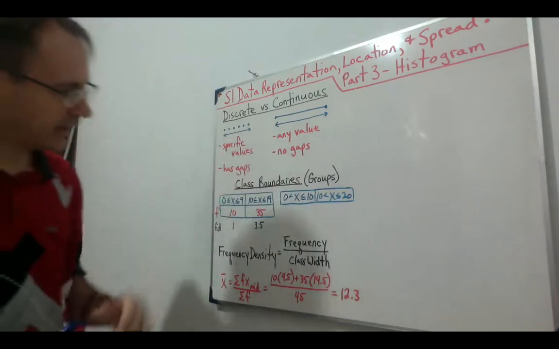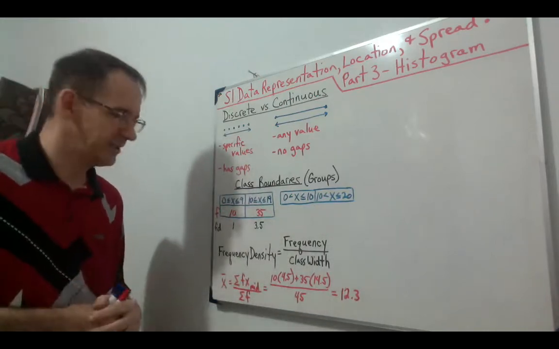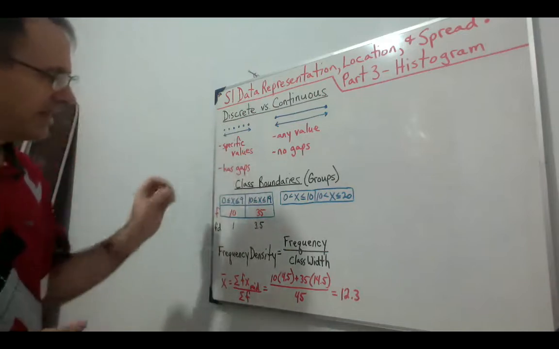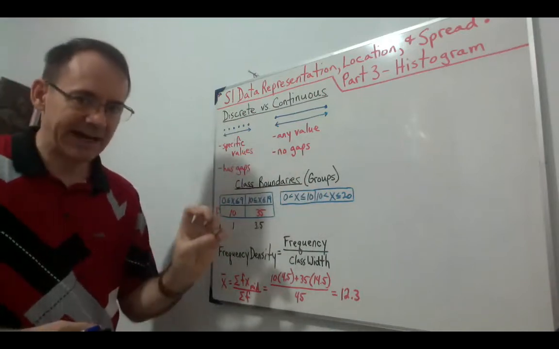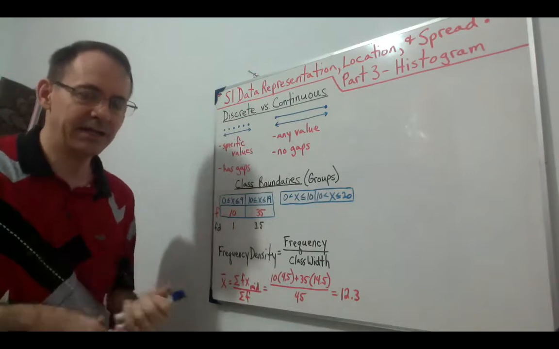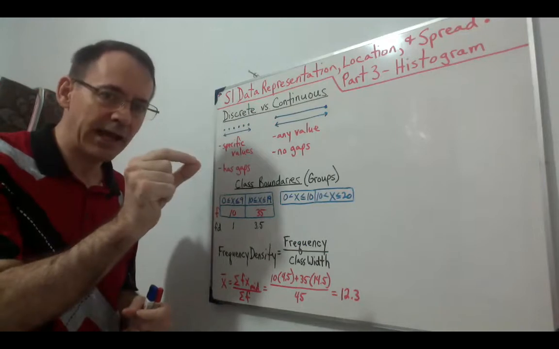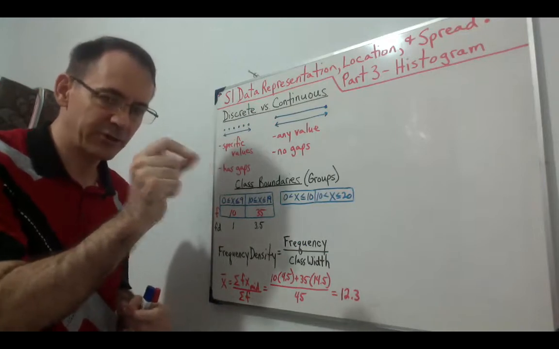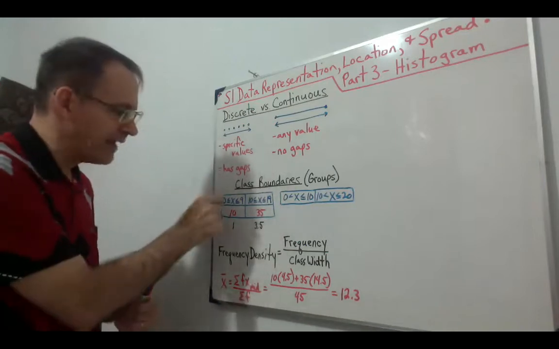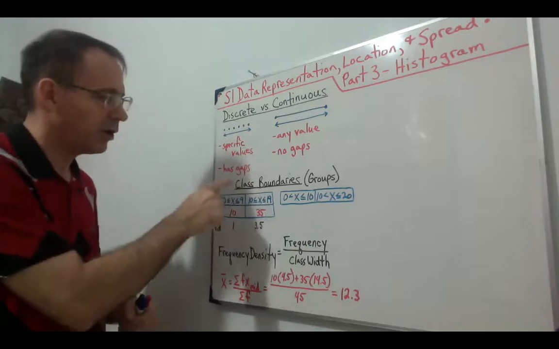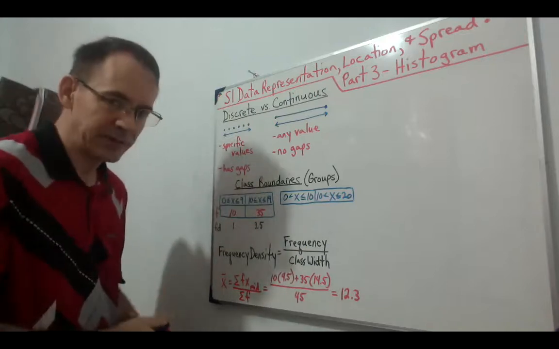Then another area that we haven't discussed yet is grouped data. Grouped data means that your data point isn't standing alone as its own particular value. It's arranged into groups called class boundaries.